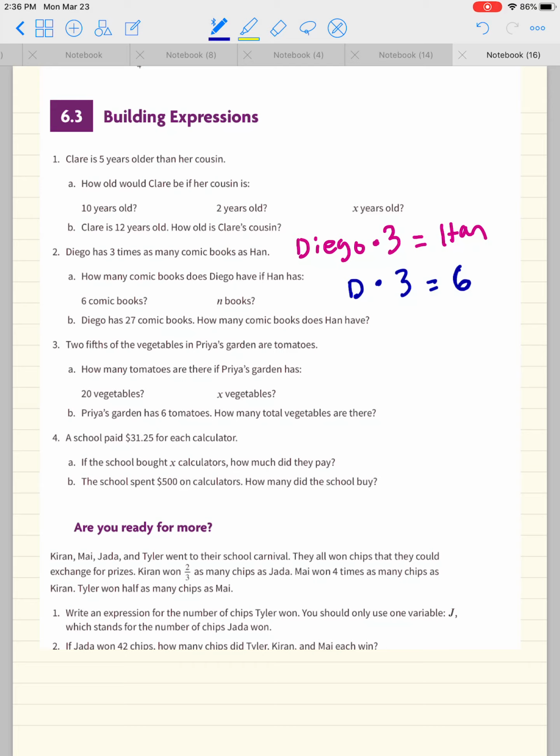Just a second. Oh my goodness. Actually, I did this wrong. I'm sorry. Scratch that. Okay, what it actually should be is, I got a little bit confused by the wording.